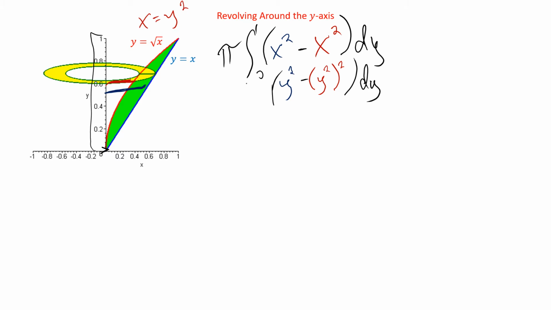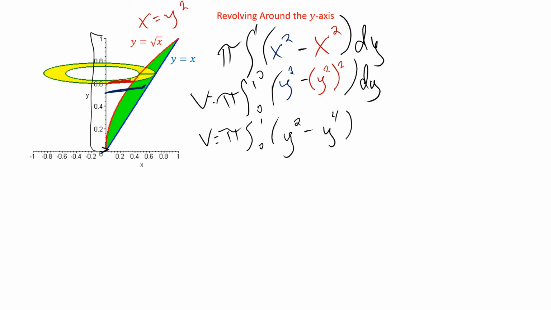dy from 0 to 1. Don't forget the pi. Now we can simplify. Let's simplify. The volume equals pi times 0 to 1 of y squared minus y to the 4th dy. Antiderivative gives us pi, y squared becomes y to the 3rd.